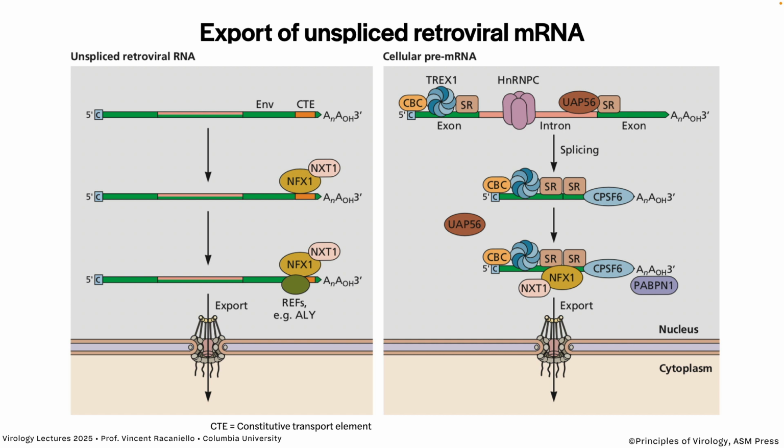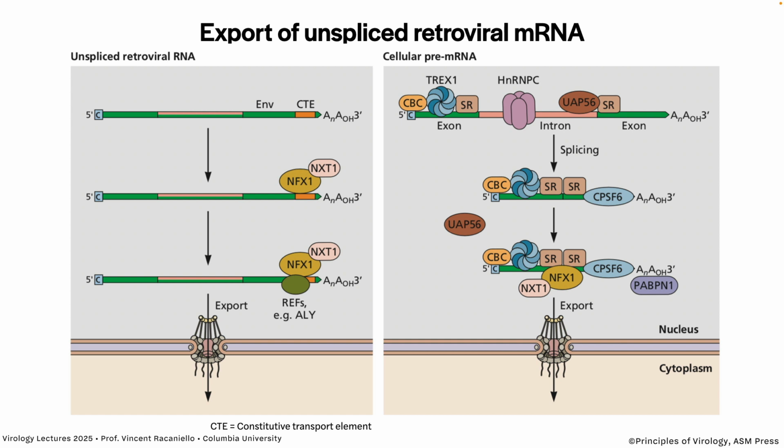But some of them have to be full length, unspliced, because that's what the genome of retroviruses is. And so here, for example, is a retroviral genome that's unspliced. It needs to get into the cytosol to be packaged into virus particles. Now, splicing does occur, and that's no problem for those mRNAs to get out. But how does the unspliced retrovirus RNA get out?